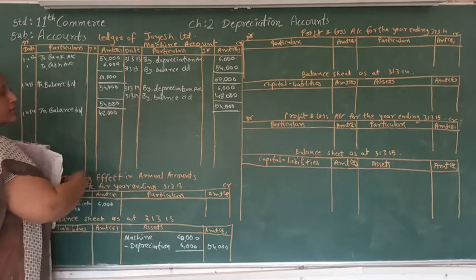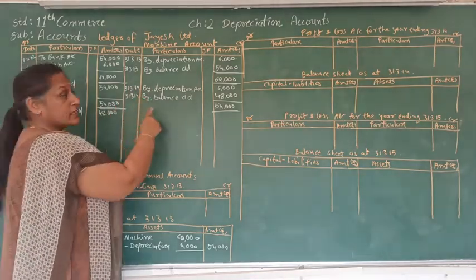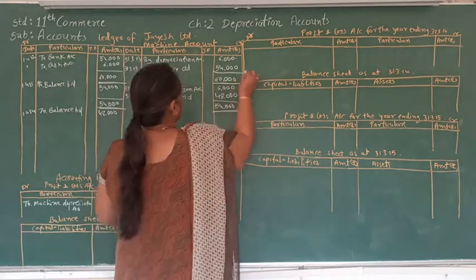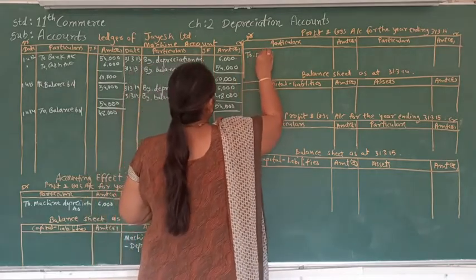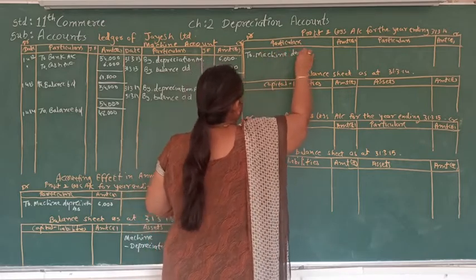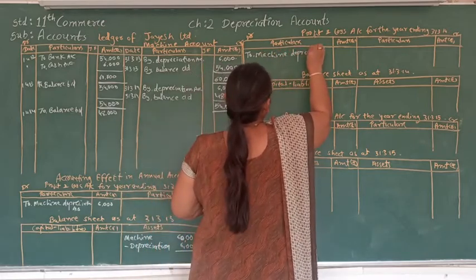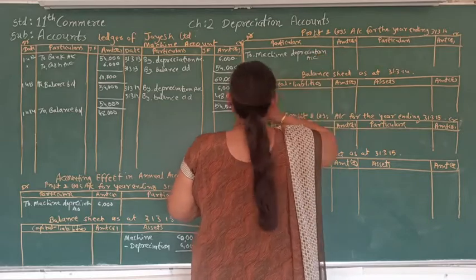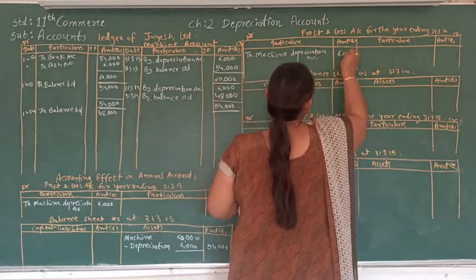Now let's give the effect in the final accounts. For that, here to machine depreciation account, and the amount will be 6,000.